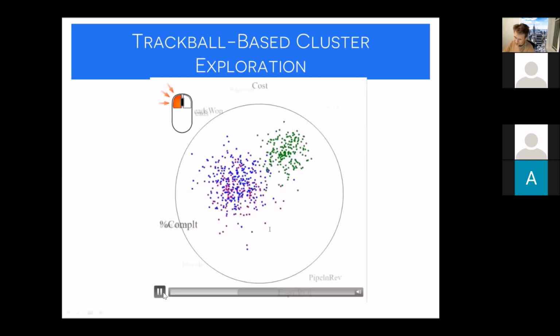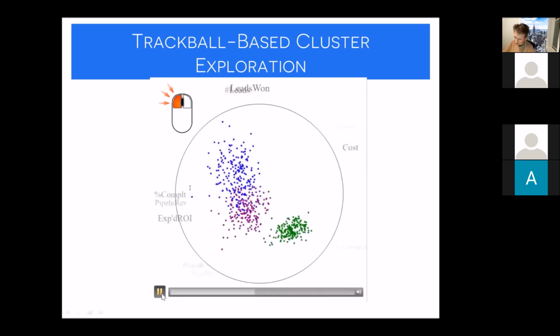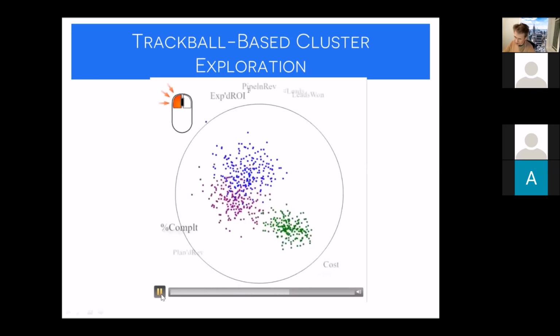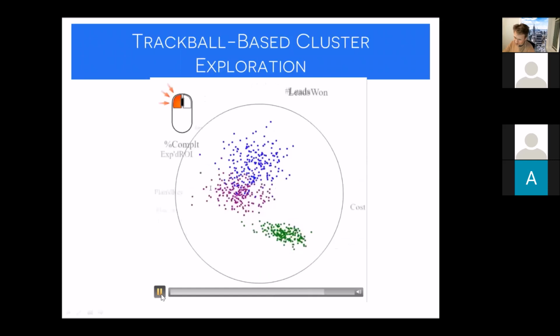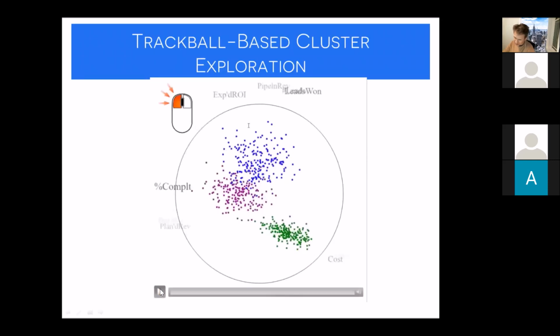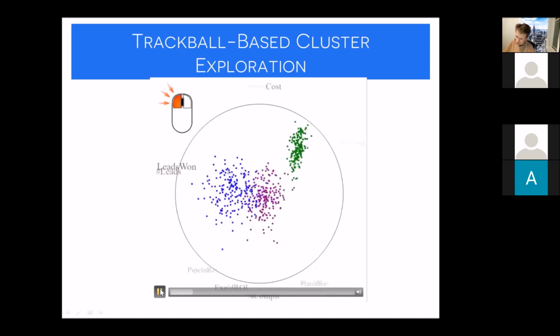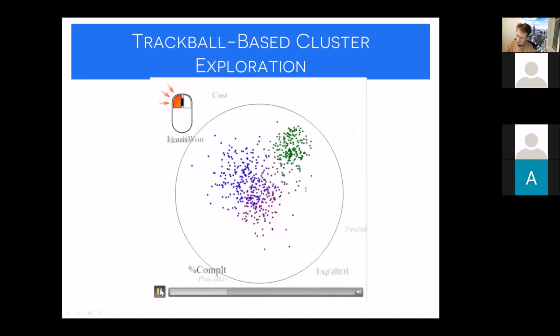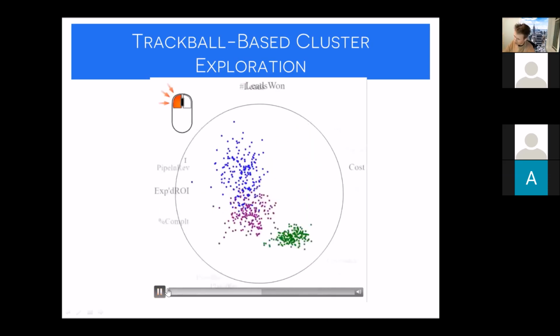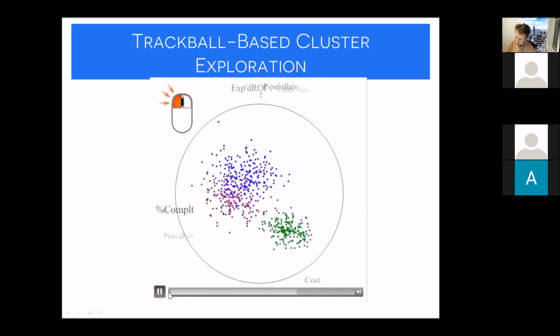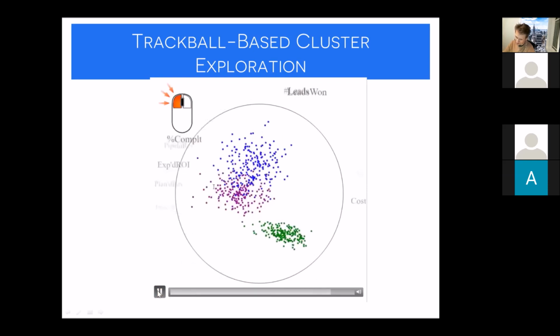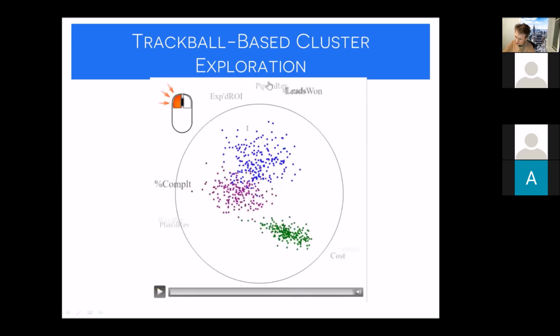Because you can rotate it, you can get a little bit of an idea how these clusters work together, how they go together. You can see how much this purple and this blue cluster really overlap, how sparse it is, and how the green cluster really interacts with it, right? You can also see these dimensions as they rotate around, right? That goes along with it.